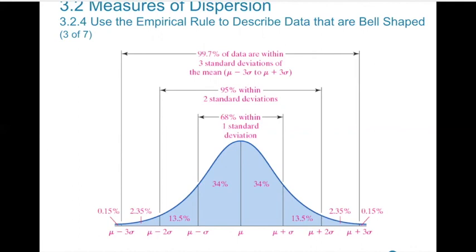So if you knew your standard deviation, again, if you're within one standard deviation of the mean, that's pretty average. That's where most people are. 68% of people who took the test fall within one standard deviation of the mean.